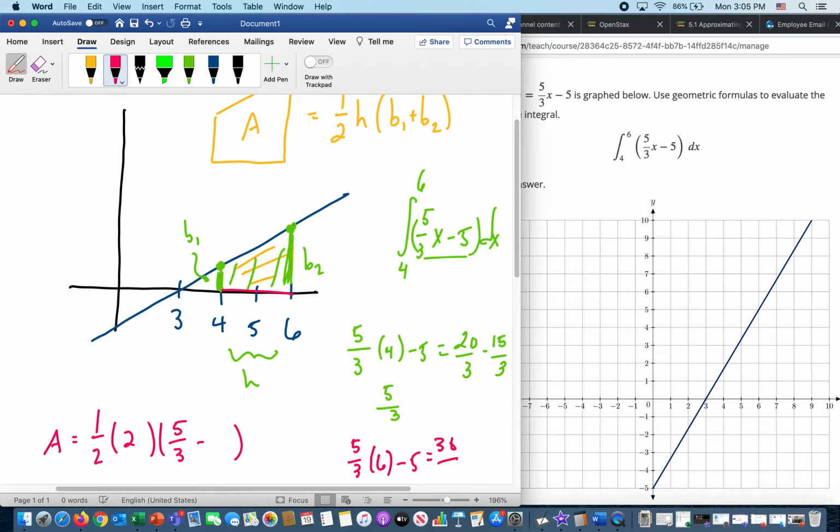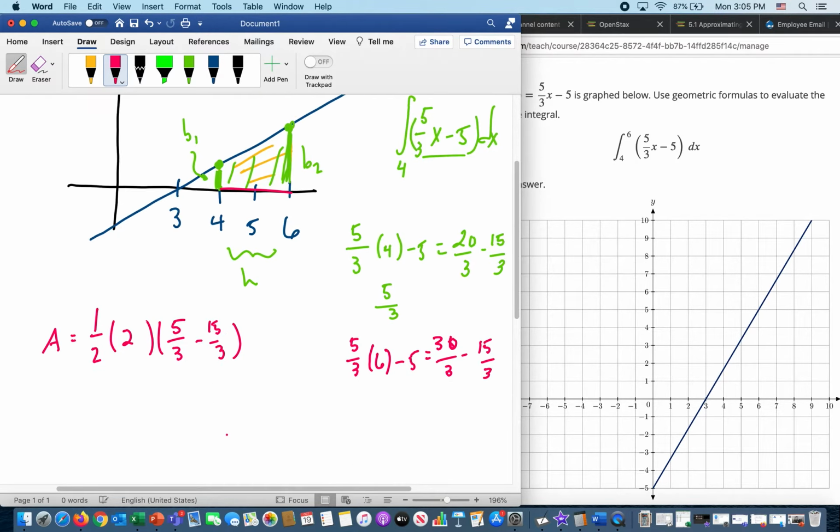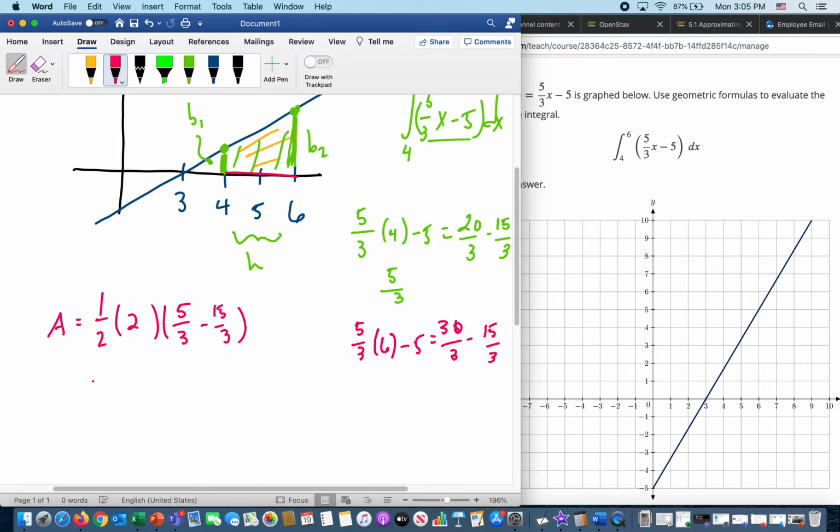This is going to be 30/3 minus 15/3, which is 15/3 or 5. I'm going to leave it 15/3 right here because it'll make my calculations a little easier inside the parentheses. So I'm going to have 1/2 times 2, that's just 1. 5/3 minus 15/3 is negative 10/3.